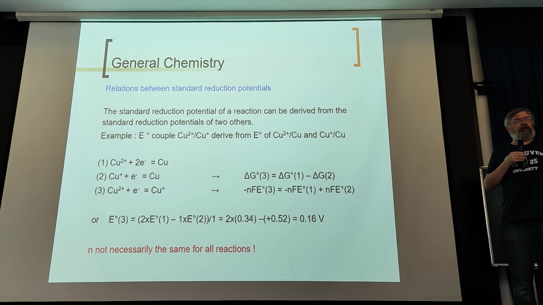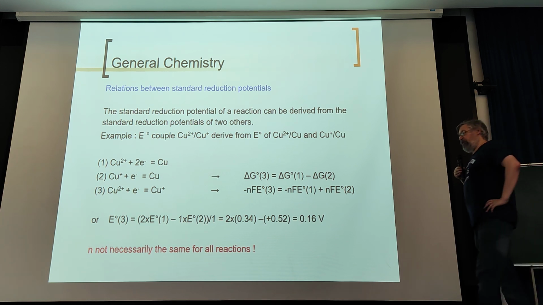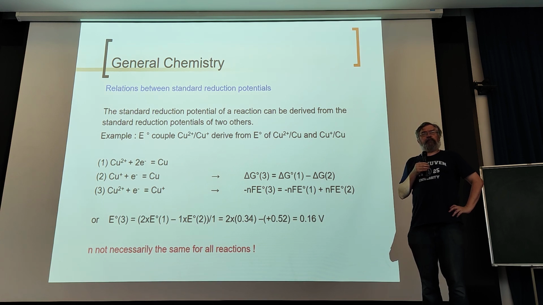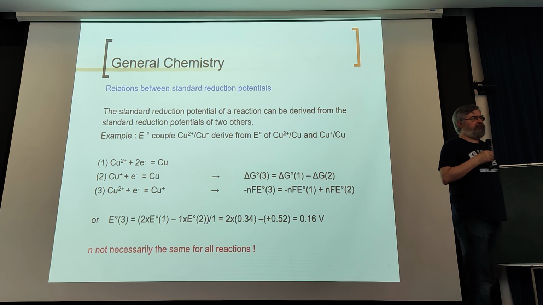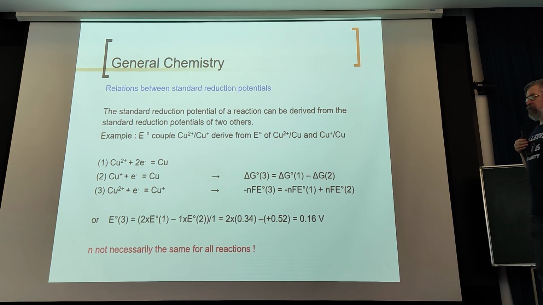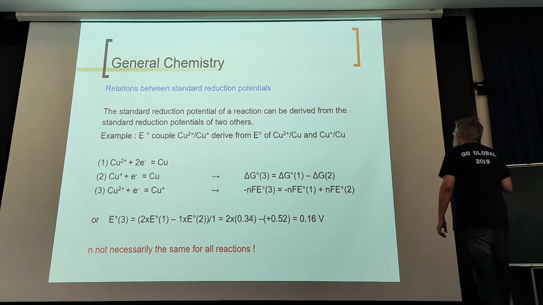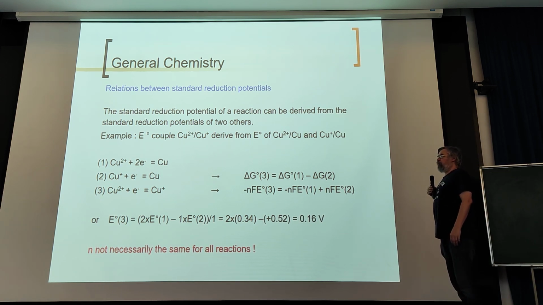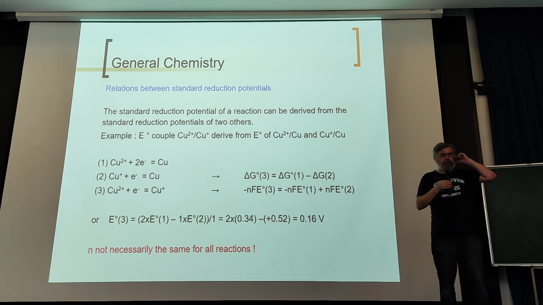And then we could combine in the same way the free energy. That means we're also going to be able to, in the same way, combine the potentials and calculate new potentials for reactions that we combine from two known potentials.